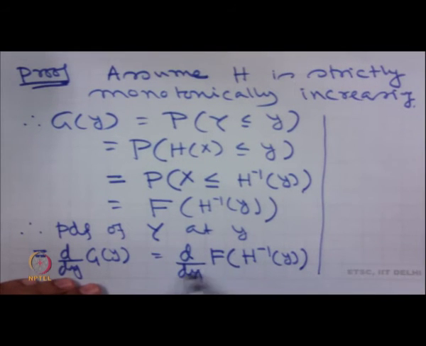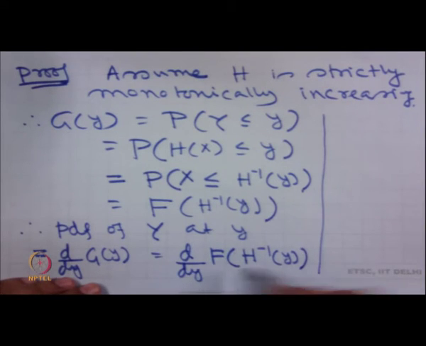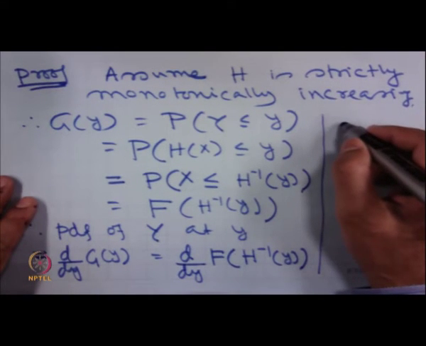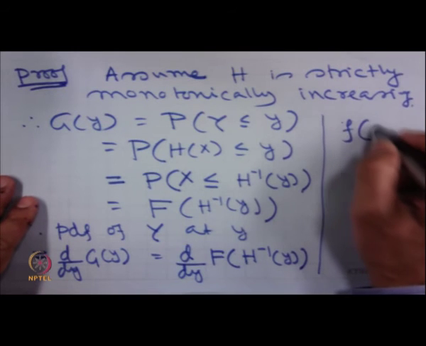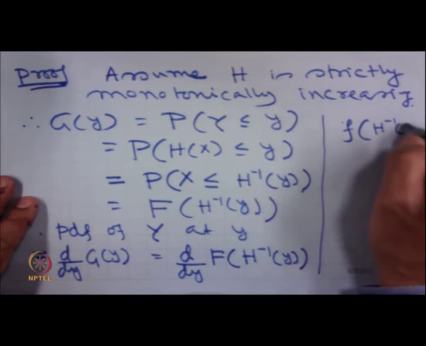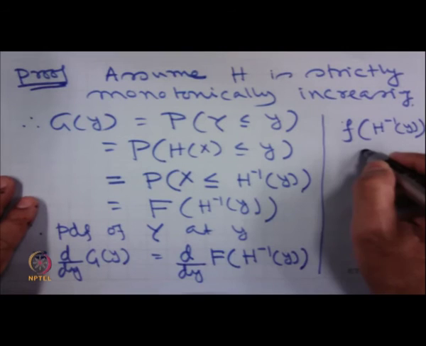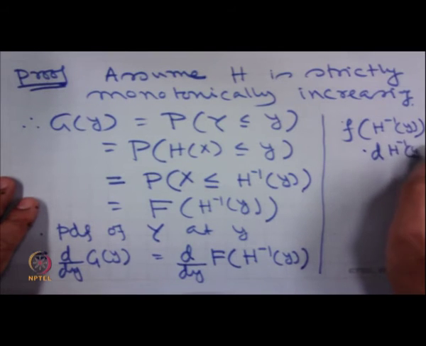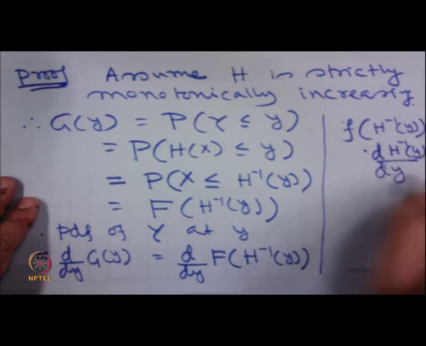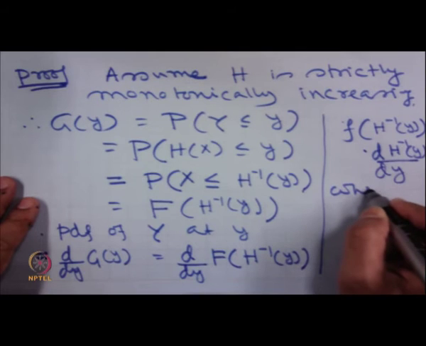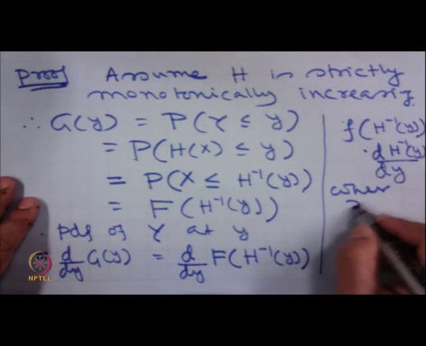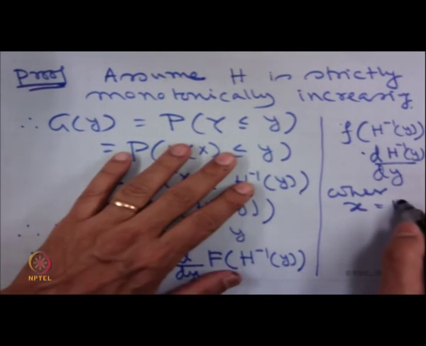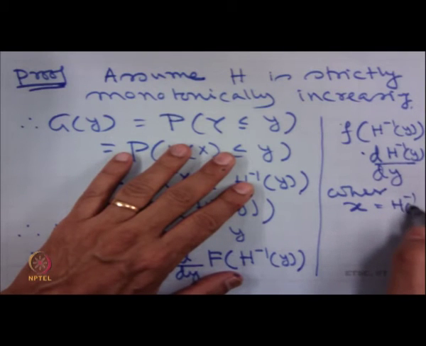So, this is d dy of f of h inverse y, which is multiplied by d h inverse y dy, where x is equal to h inverse y.